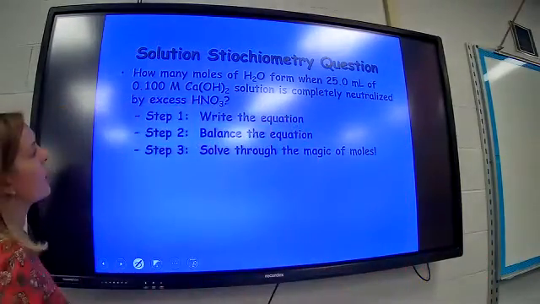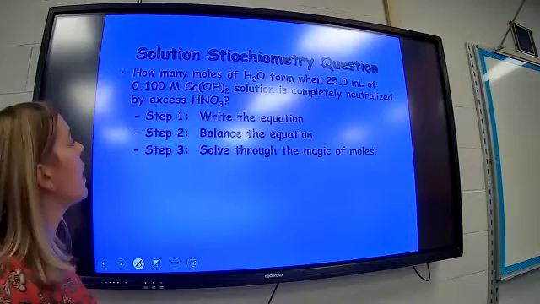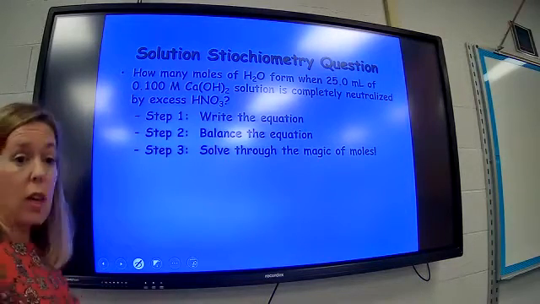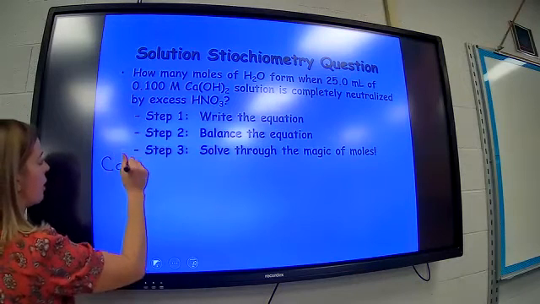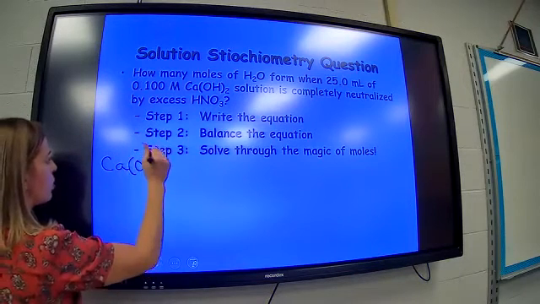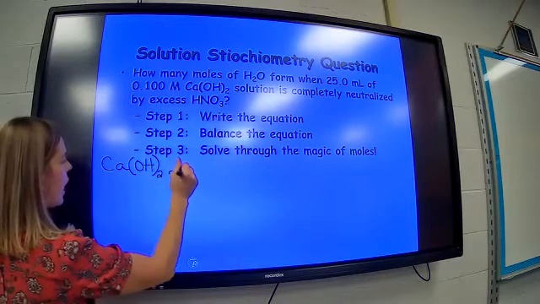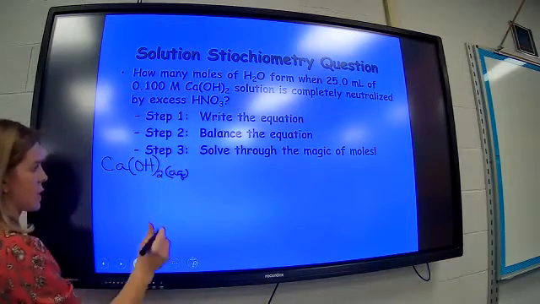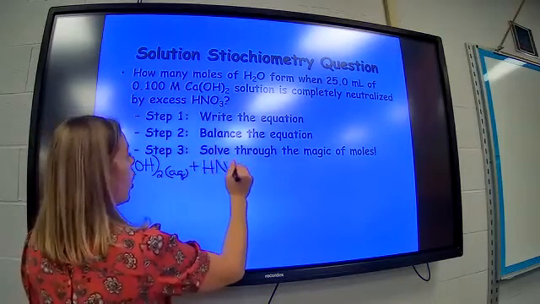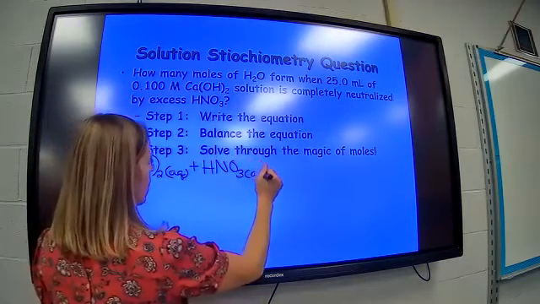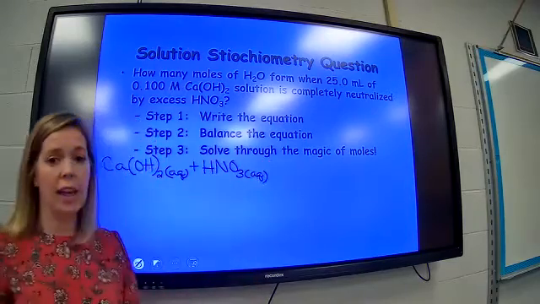So first thing we are going to do is write out the equation for the reaction. We are reacting calcium hydroxide, which hopefully you recognize as being a strong base, with nitric acid, which hopefully you recognize as being a strong acid.